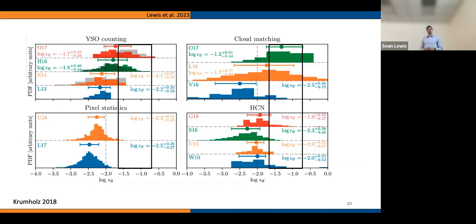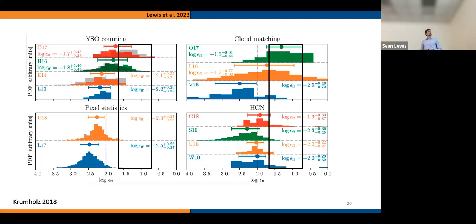We can compare the star formation efficiency to observations. This is a series of different methods for observing star formation efficiency in clusters. The black boxes that I have here are the ranges in which my runs land. Are you showing epsilon total or epsilon per free fall time, which is what's shown in this plot?